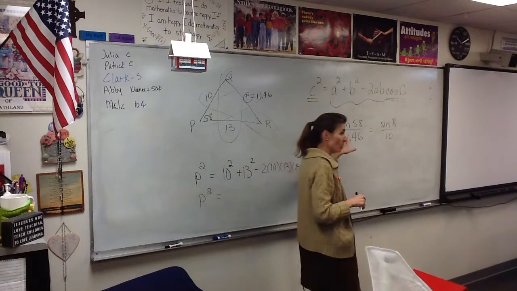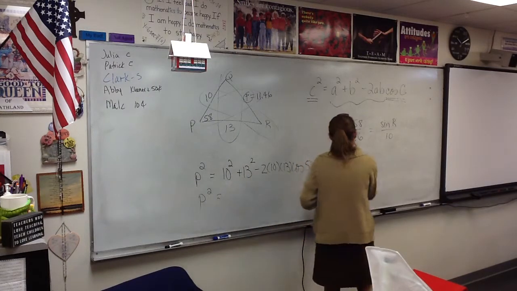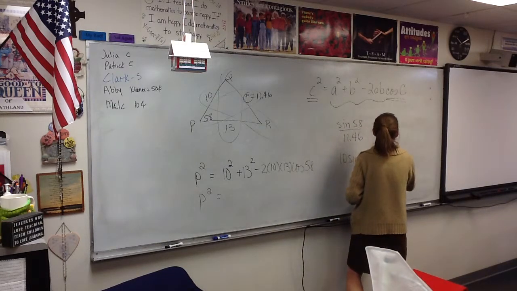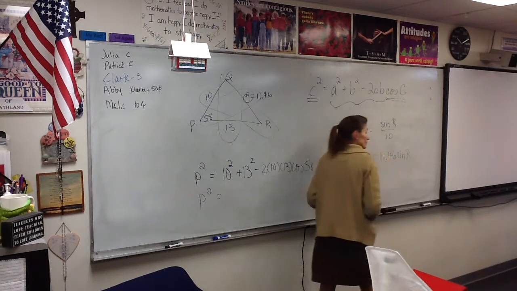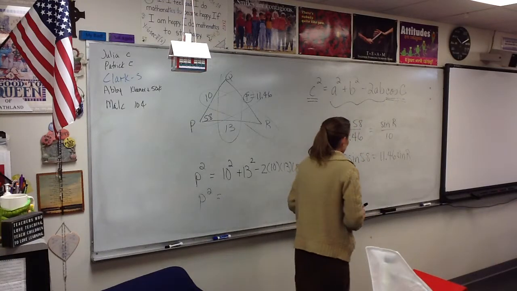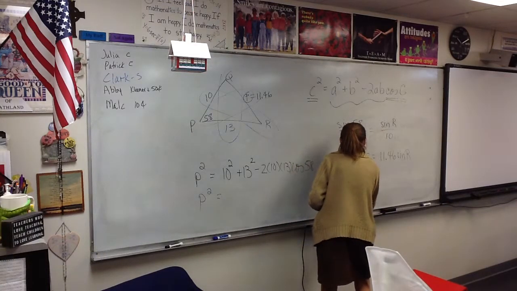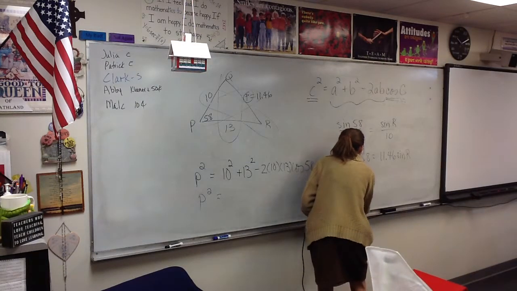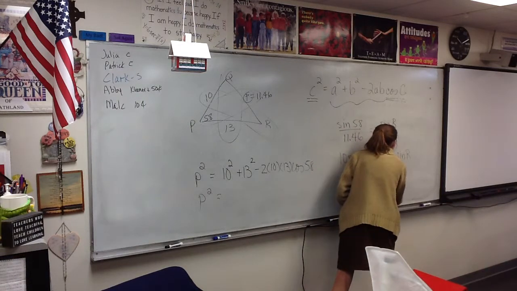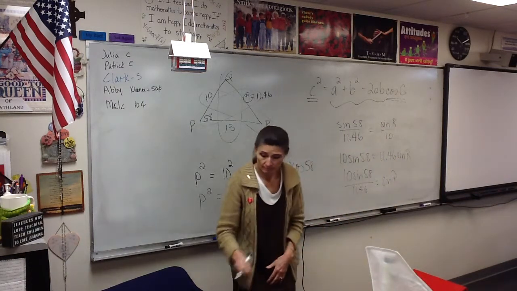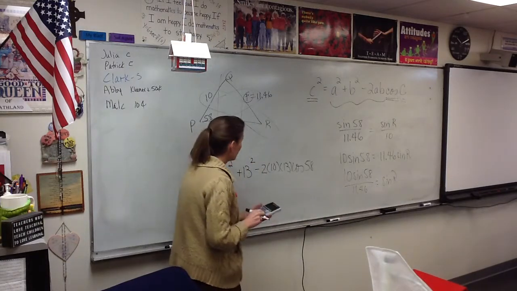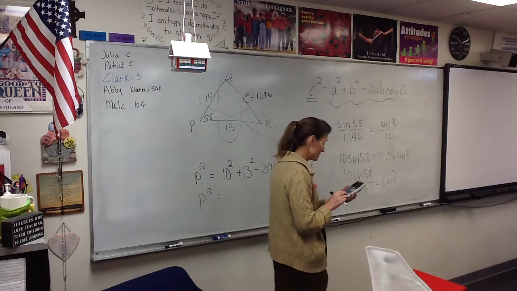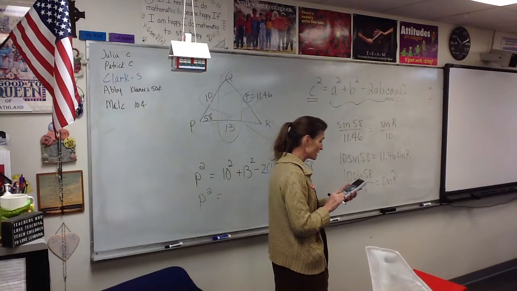Now, what do you do at this point? Cross multiply. So 10 sine 58 equals 11.46 sine R. Now I'm going to divide. What am I dividing by? 11.46, and that's going to give me the sine of angle R. So 10 sine 58, don't forget to close the parentheses, divided by 11.46.